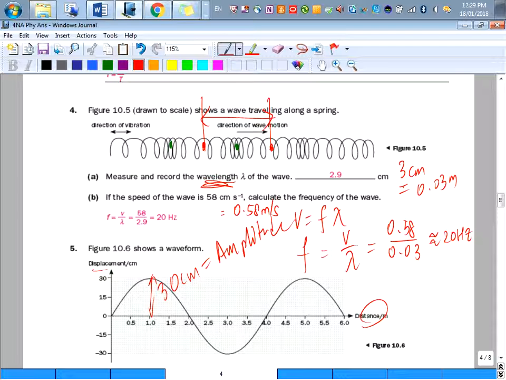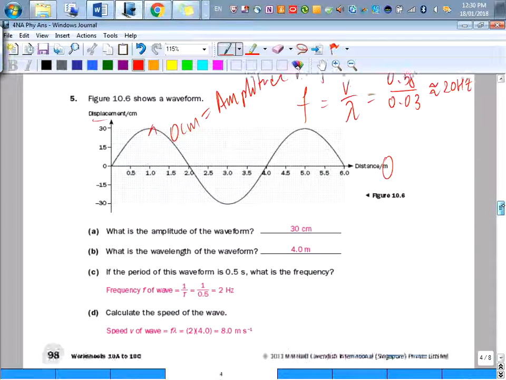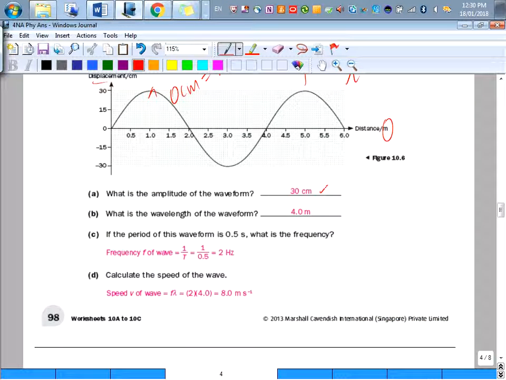So what is the wavelength? How much? 4 meters. Okay, he said that the wavelength is 4 meters. Take note of the SI units over here, meters. So he chose to read from here to here, am I right? So that is one complete cycle, and that is 4 meters. Okay? So we have 30 cm, 4 meters.